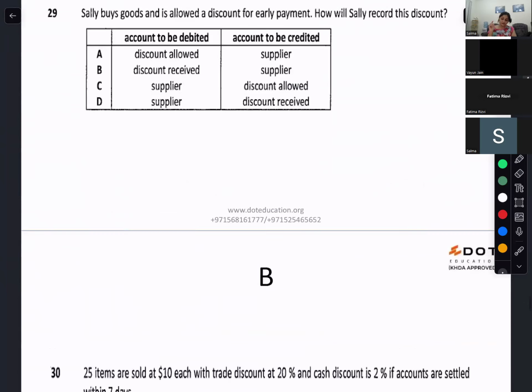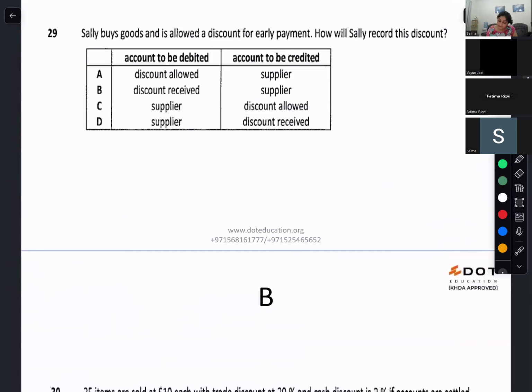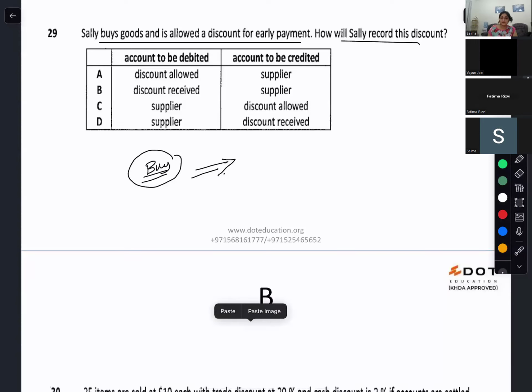Question 29. Sally buys goods and is allowed a discount for early payment. How will Sally record this discount? Miss, Sally is buying goods, right? Yes, miss, it's Sally's account. So if she is buying the goods, she will receive discount.